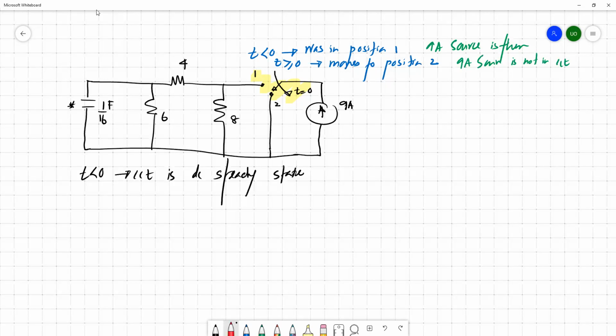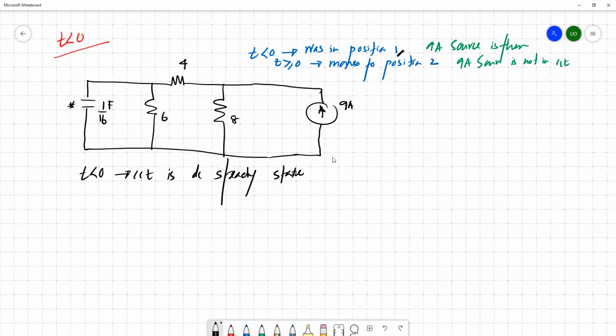We know that for t less than 0, the switch was in position A. It means the circuit is powered by this 9 ampere source. The 9 ampere source is connected to the circuit, and the circuit is powered by it. The initial voltage of the capacitor is 0.